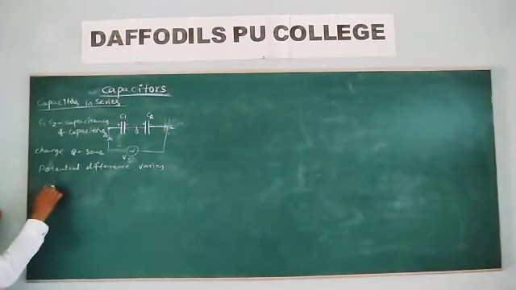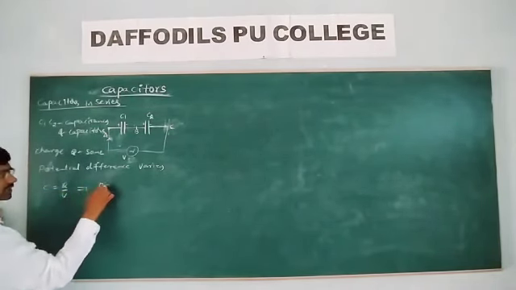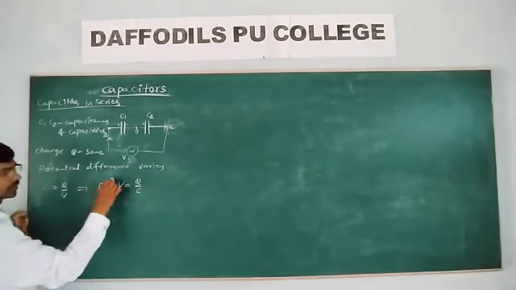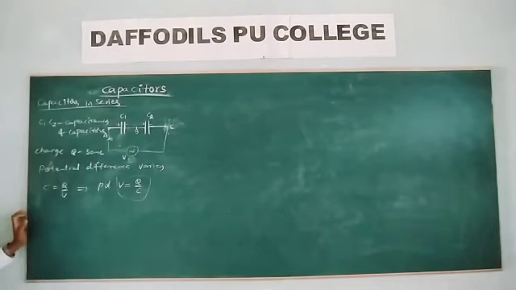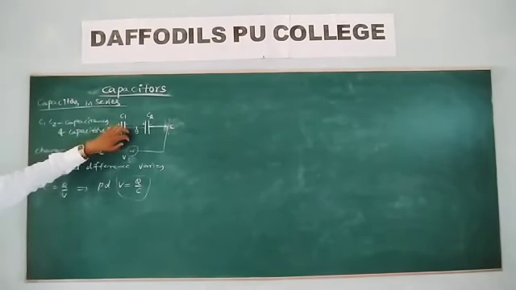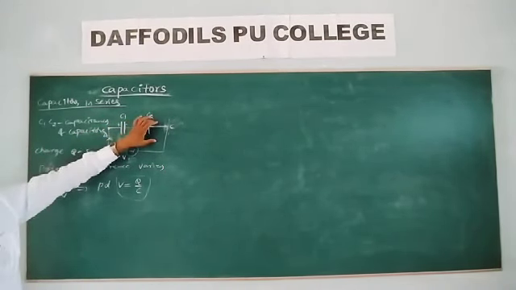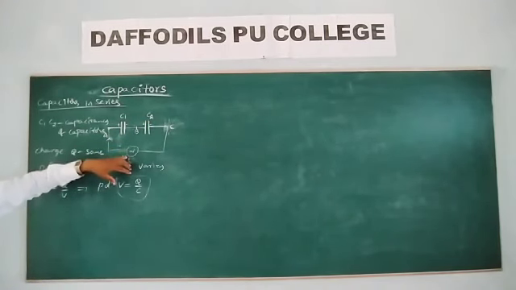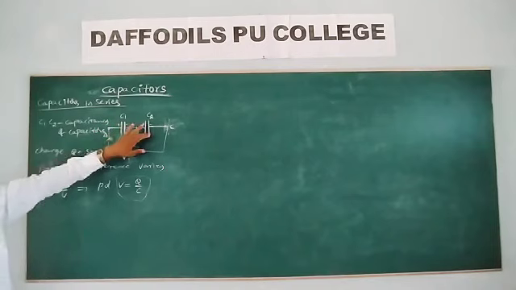We know normally capacitance C is equal to Q by V. From this, the potential difference V is equal to Q by C. Now let me write the potential difference across the first capacitor and across the second capacitor, so that the resultant potential difference is V equal to V1 plus V2.